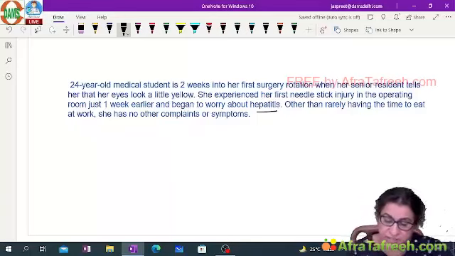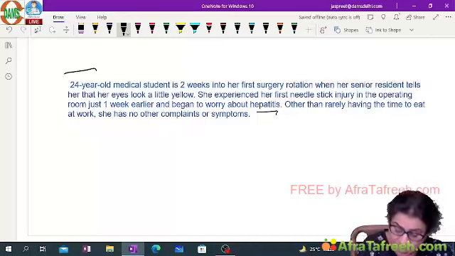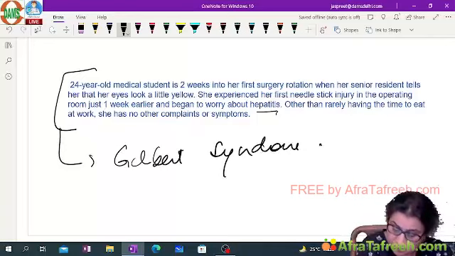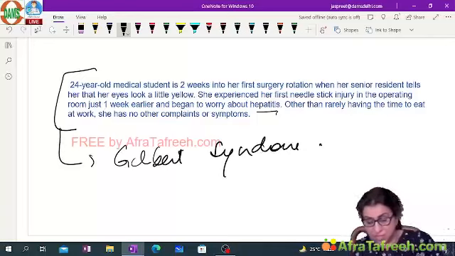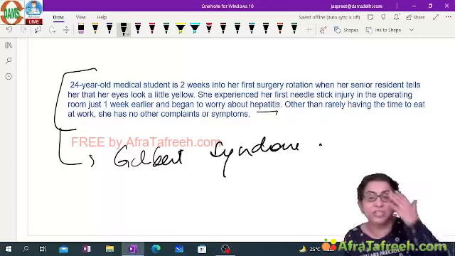Okay, she had her first needle stick injury in the operating room and she worried about hepatitis, but this actually is the history of Gilbert syndrome, where her eyes look yellow. She has a lot of stress, and in the stressful period she has developed jaundice.